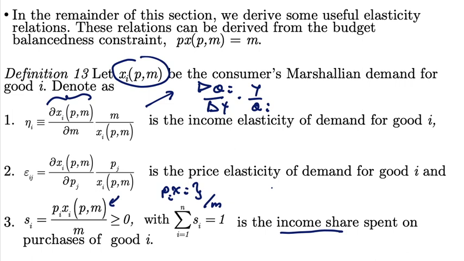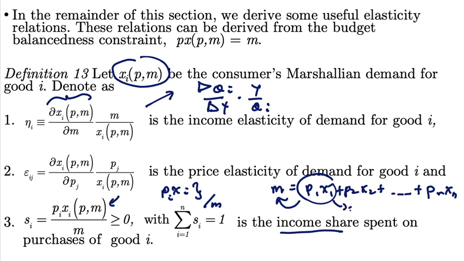Our income consists of P1x1 plus P2x2 up to the last good Pnxn. If we take the expenditure on good i, say good one, and divide it by income, it becomes the income share spent on purchases of good i.